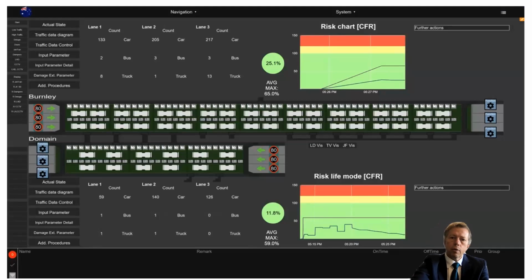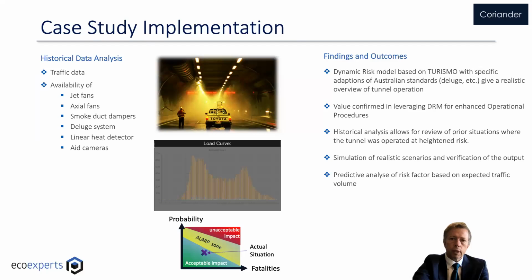Now, EcoExperts were then able to run a trial or a case study in Australia where they had access to historical traffic data, plus the serviceability status of jet fans, axial fans, smoke duct dampers, deluge, heat detection and AID cameras, so effectively the fire life safety equipment.